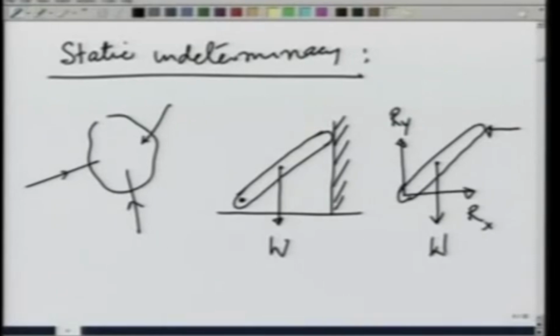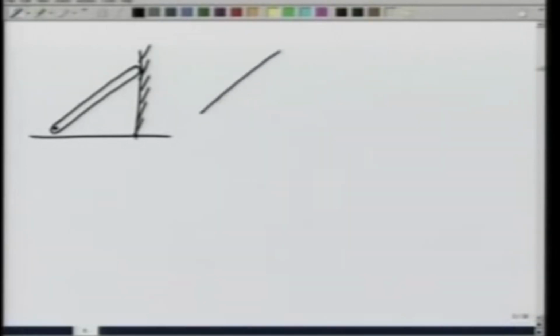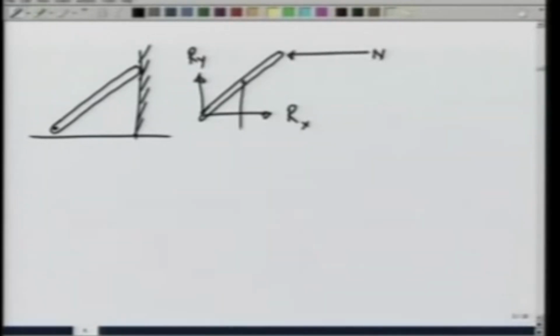Let us see how. So, I have this rod with a pin joint here and a wall here. This has a force Ry, Rx, a normal reaction due to the wall, and its weight.